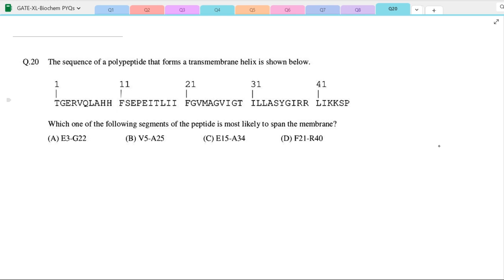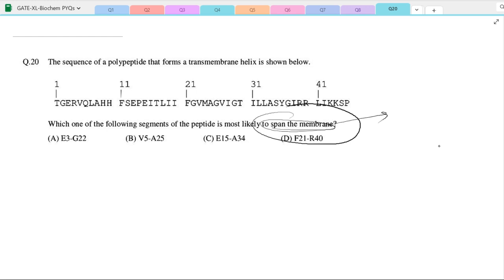So the way in which I would go is look at the options and figure out which of these groups have the maximum number of hydrophobic or neutral amino acids. Because this is going to span the membrane, these amino acids should have a neutral or hydrophobic side chain.